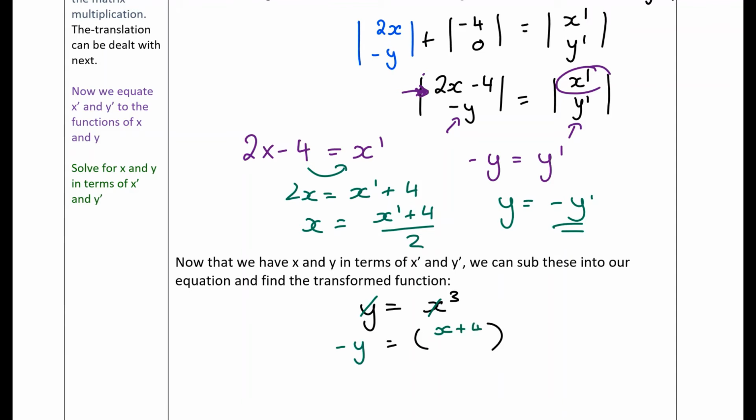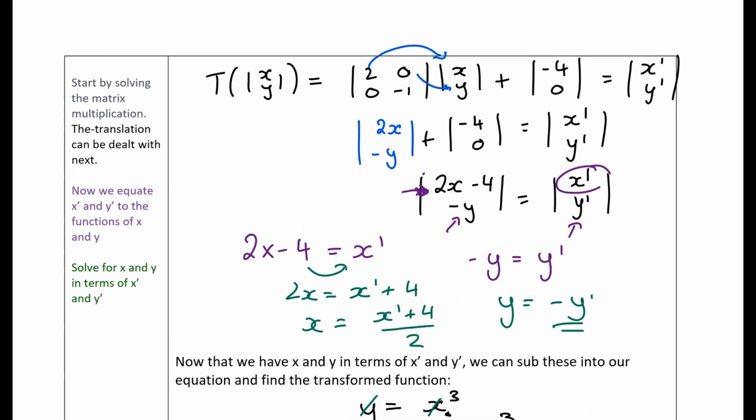So it's actually x plus 4 on 2. And because it was x cubed, that's still cubed. Now the final step is to multiply by a negative, and so we can see that y is negative x plus 4 on 2 cubed. And that's exactly what we got with our previous method.